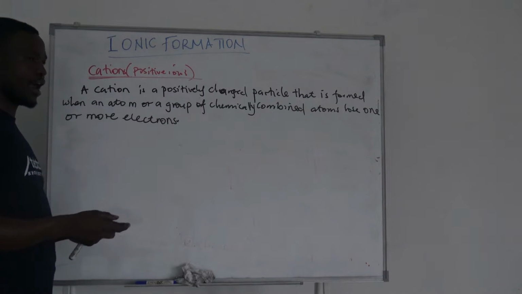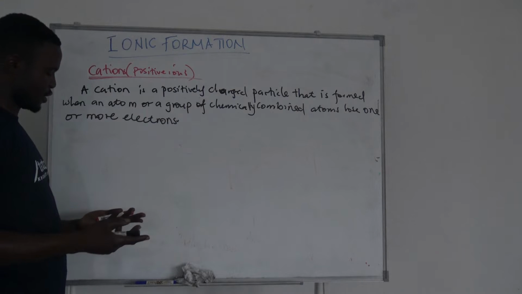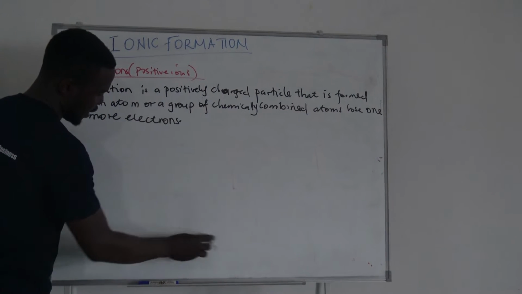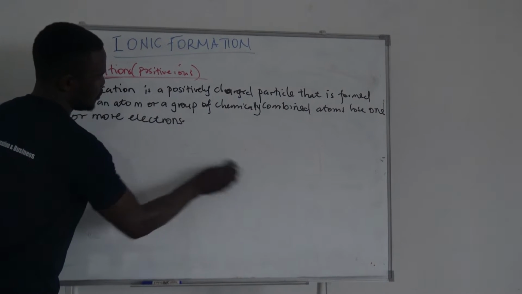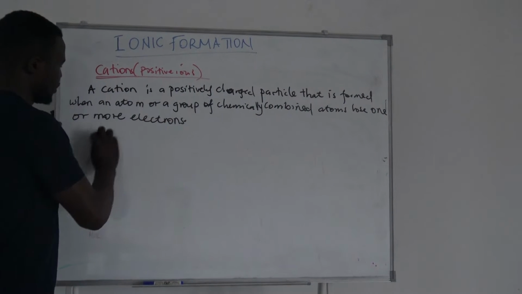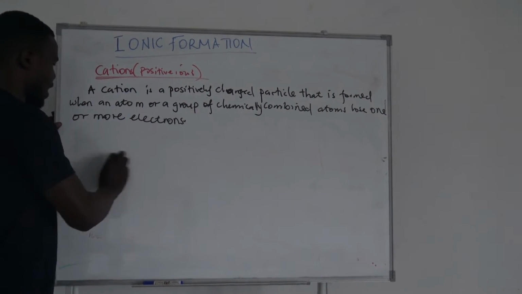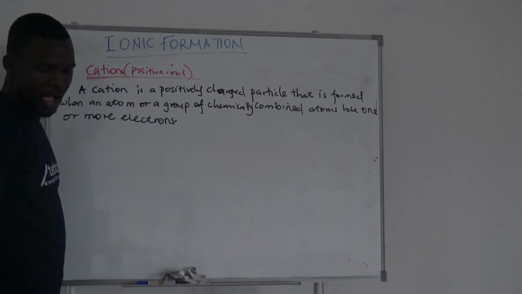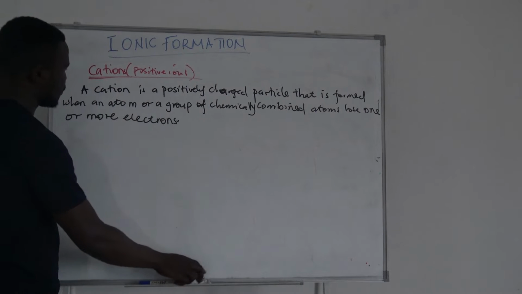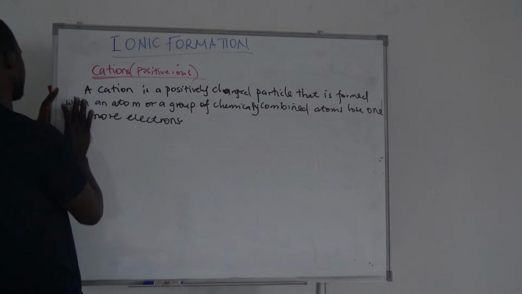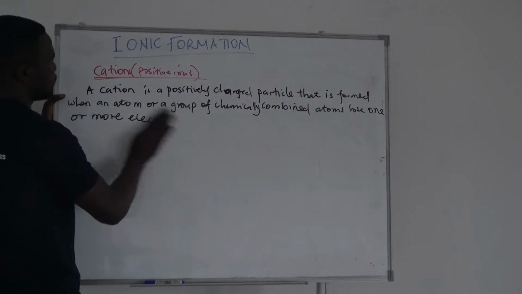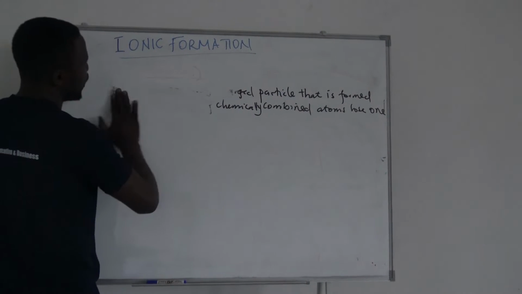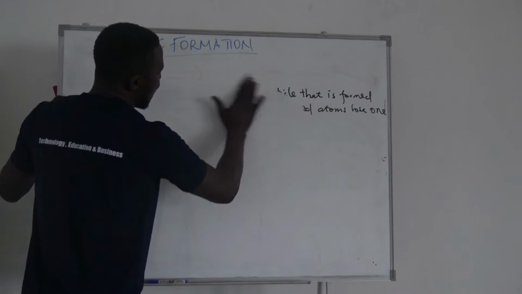When an atom loses electrons, then it forms what we are calling a cation. If it gains, it forms an anion, which is our next thing. So having taken note of this, let's go straight to negative ions.